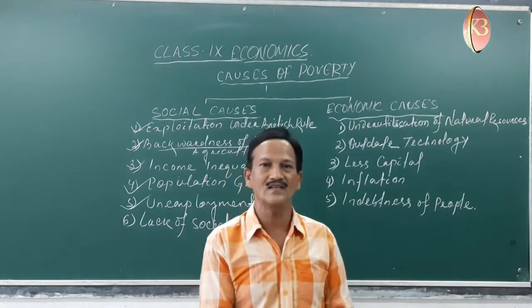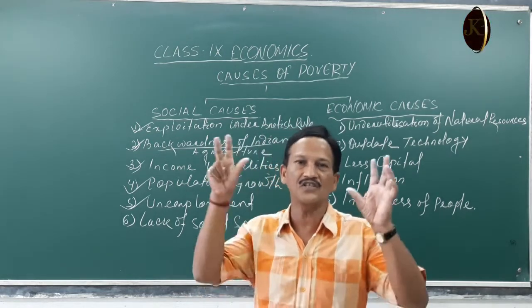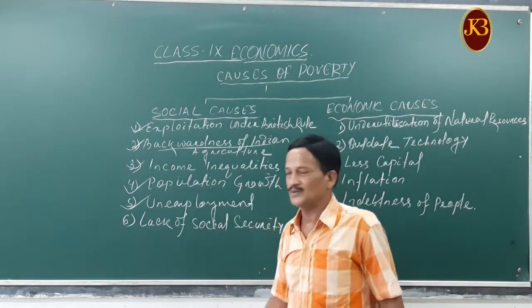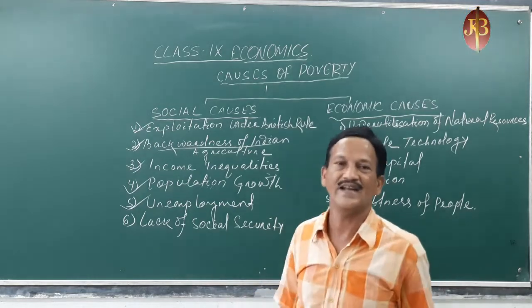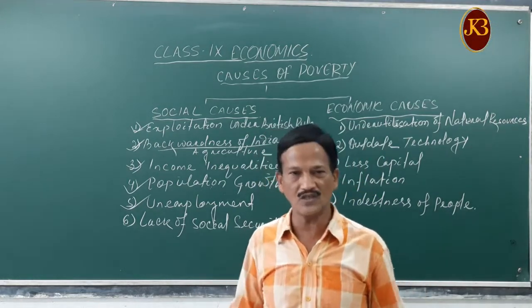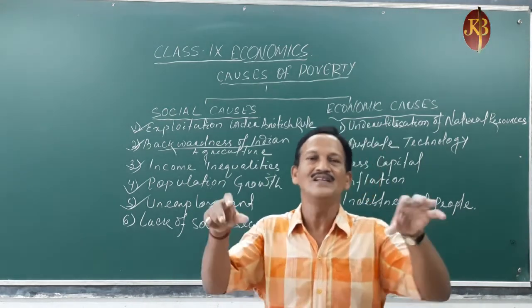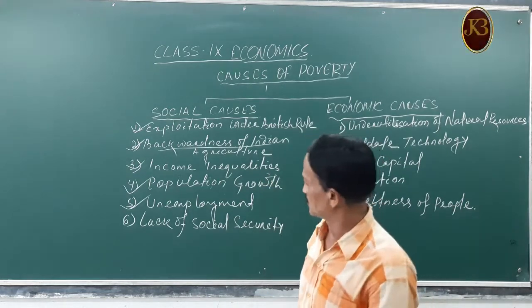And the tertiary sector is now growing, and though it creates some employment opportunities, it is not sufficient for the demand of our population growth. So that creates poverty. When people are not getting jobs, they are unemployed, not earning income, so they are surviving in miserable life conditions.